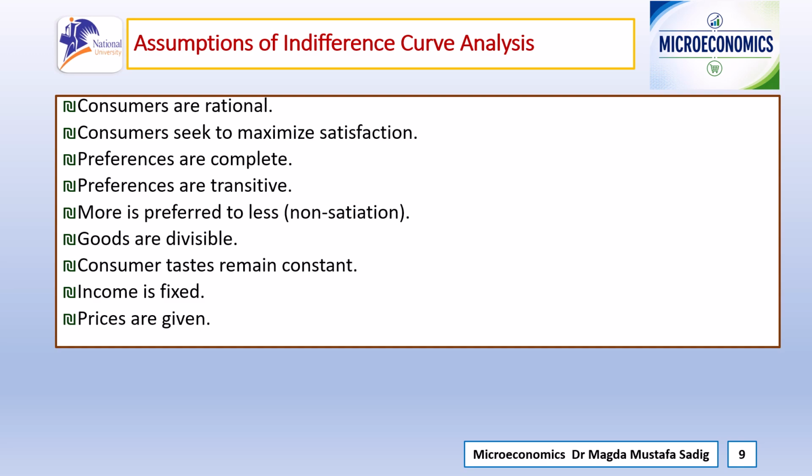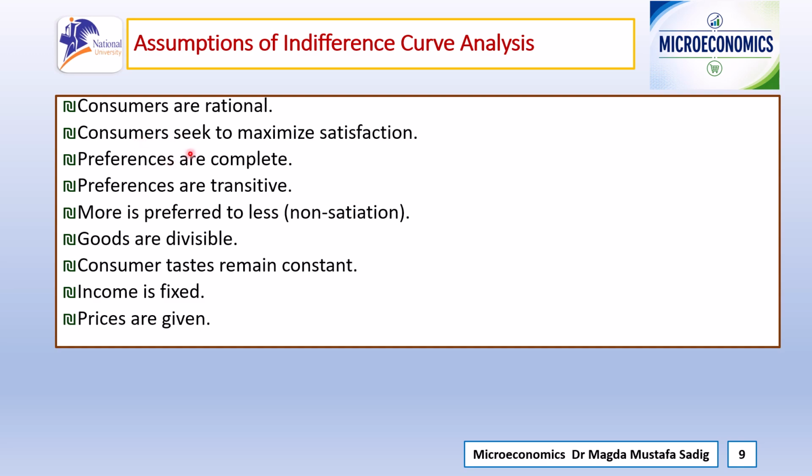Let me come to the assumptions of the indifference curve analysis. Before economists can use any model to explain human behavior, they must first make certain assumptions. These assumptions simplify reality and allow us to analyze consumer decisions systematically. So the theory of indifference curve analysis is based on several important assumptions.